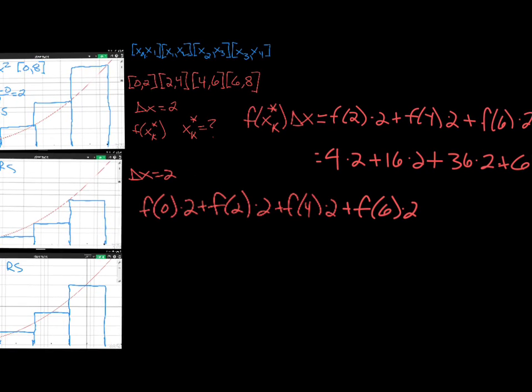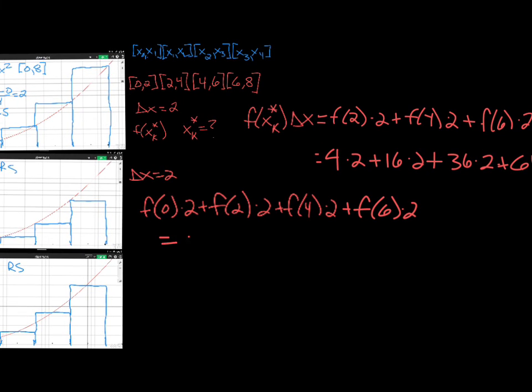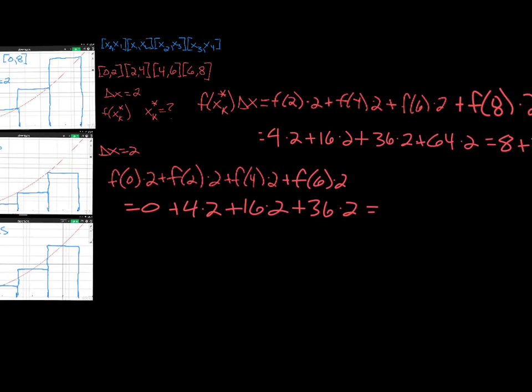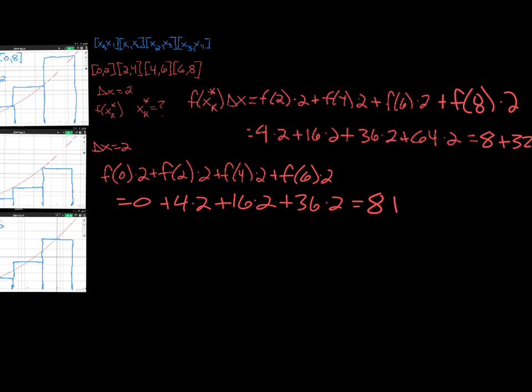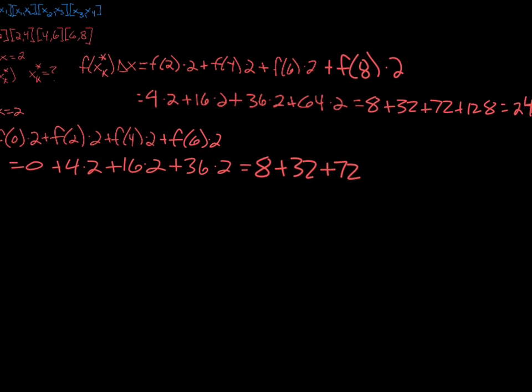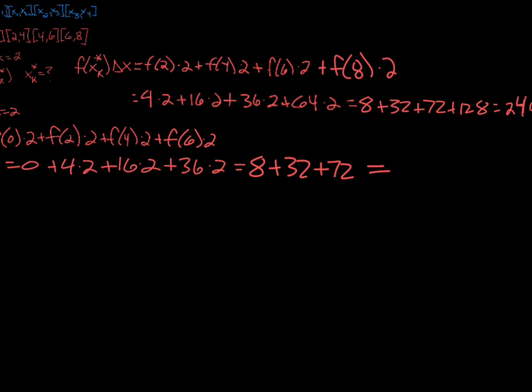Okay, so then that's going to be 0 plus 4 times 2 plus 16 times 2 plus 36 times 2. So then that's going to be 8 and 32 and 72. Okay, and so then that'd be 80, 112, is that right?